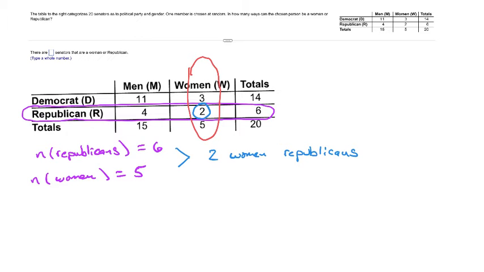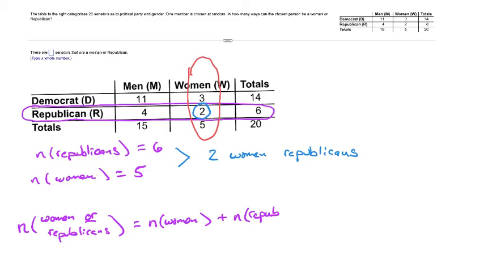And so from our counting formula, what we have is that the number of women or Republicans will be equal to our number of women plus our number of Republicans minus our number of people who are both women and Republicans.